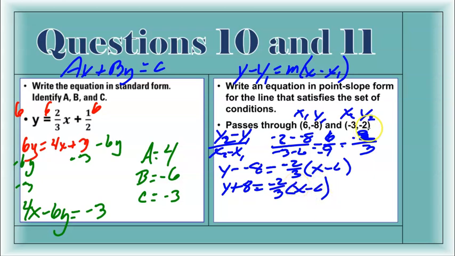If you use the other point, it would be y plus 2 equals negative 2/3 times x plus 3. Either one of these would be correct.